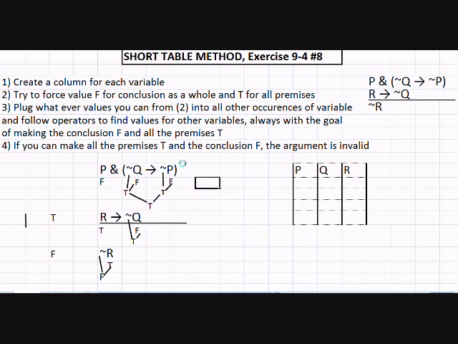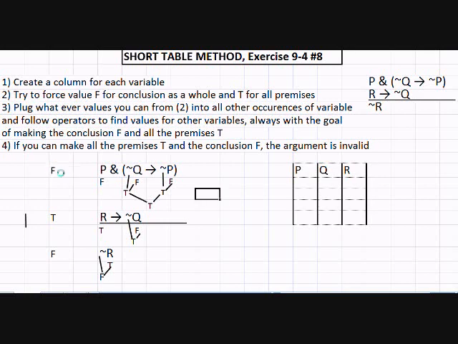Though we've been able to make this half of the conjunction true, by plugging in the value of F to this other half of the conjunction, the entire conjunction as a whole ends up being false. We have this part of the conjunction true, we have this part of the conjunction false. Consequently, this entire premise is false.